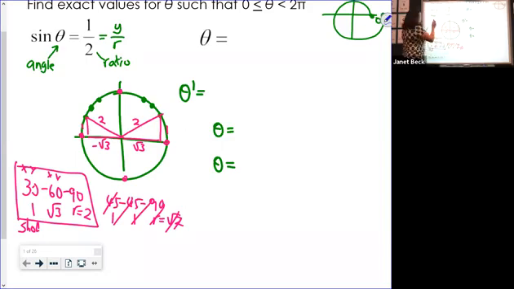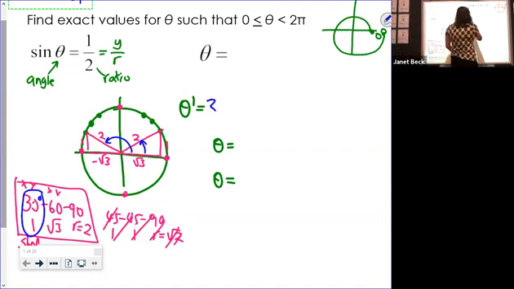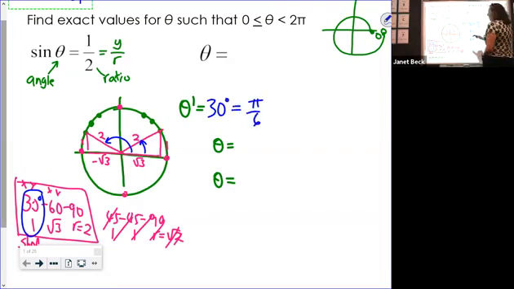But what the actual question is asking me for is the angles. So I want this angle here and this angle here. Now the angles are based on this reference angle of 30 degrees. If my reference angle is 30 degrees, which is pi by 6 in radians, I have one answer in quadrant 1 and one answer in quadrant 2.